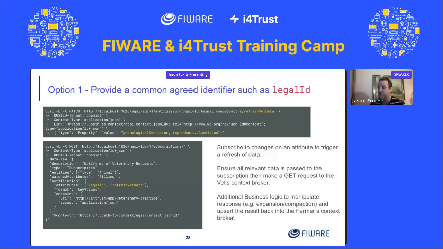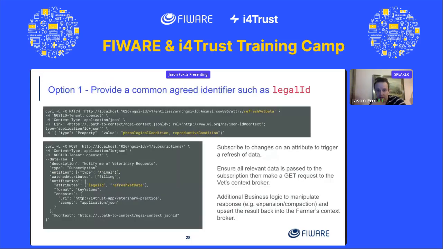It's an additional attribute, and we can use that to make the GET request to get hold of additional stuff from the context broker. The additional business logic to manipulate the response means that you could get hold of the data thereafter. As usual, there is always a context in both of these systems.